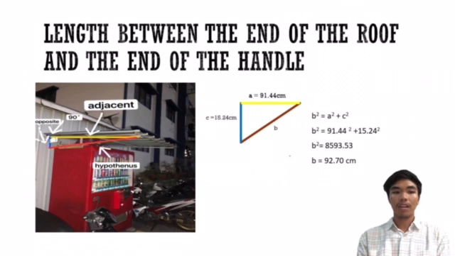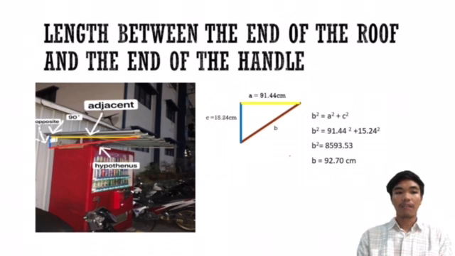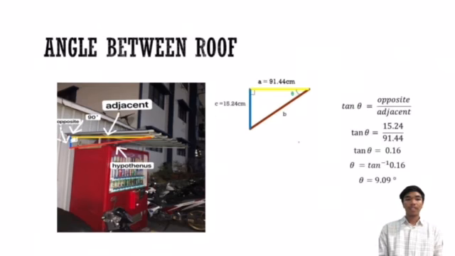Next, we got the answer B square equals 8593.53. After that, we must square root the answer to obtain the value of B, which is 92.70 cm.